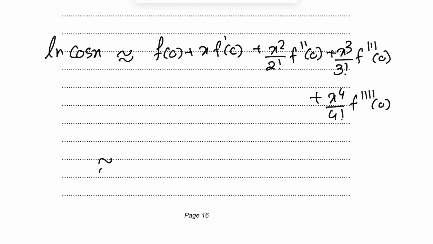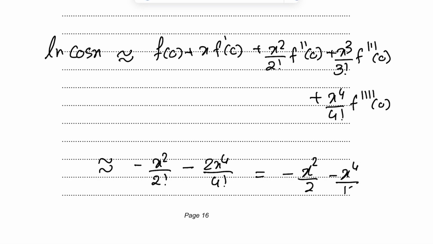So it's going to be negative x square upon 2 factorial minus 2x power 4 upon 4 factorial, which is negative x square upon 2, negative x power 4 upon 12.